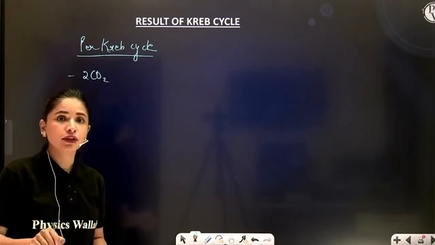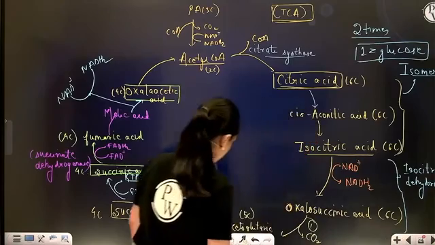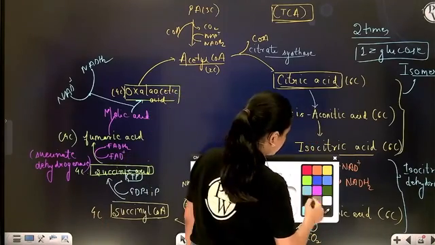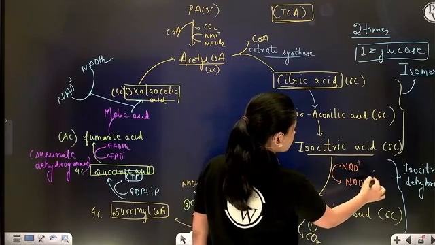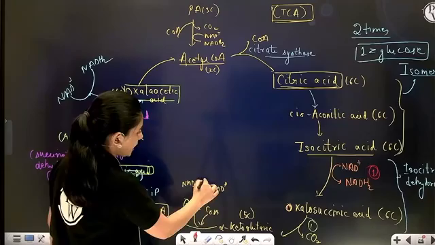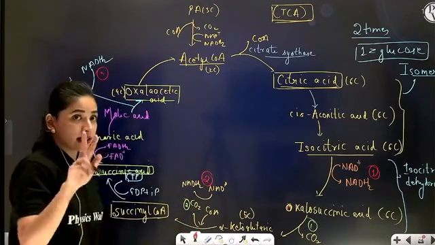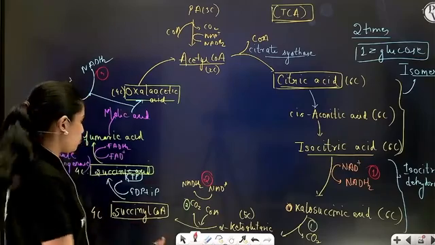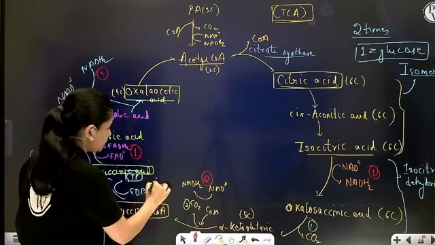Apart from that, we have obtained 3 NADH2. Check this. Where are those 3 NADH2? Let's mark them. Number 1, NADH2, oxidation step. Second step and third step. 3 NADH2 we have obtained, 1 FADH2 we have obtained, and 1 energy source.